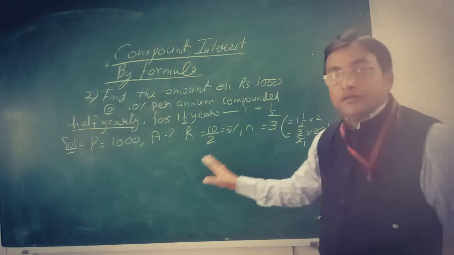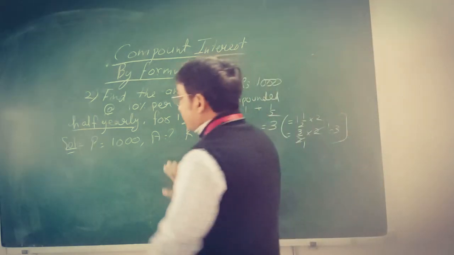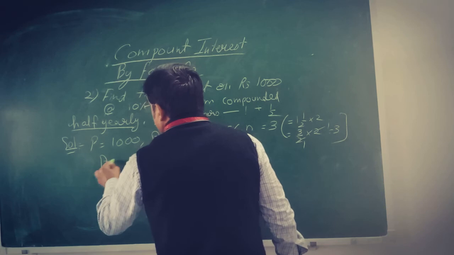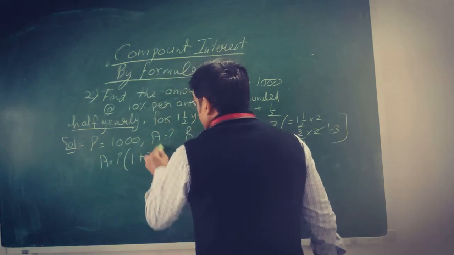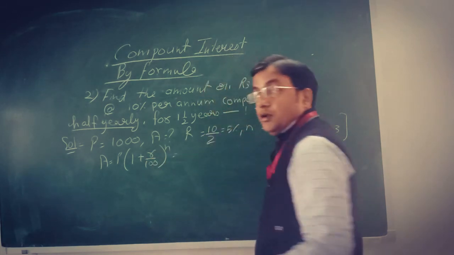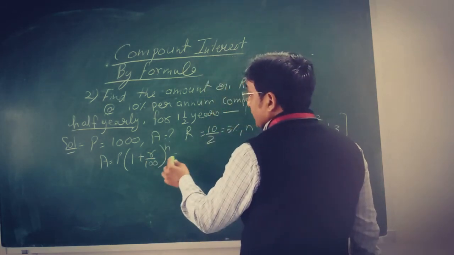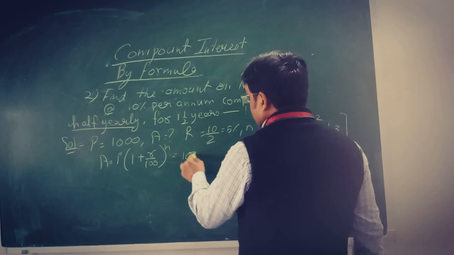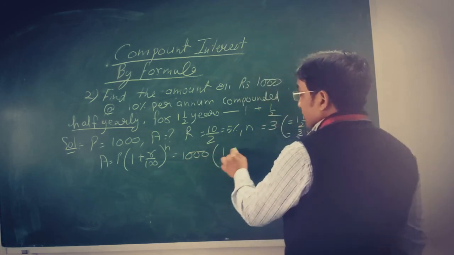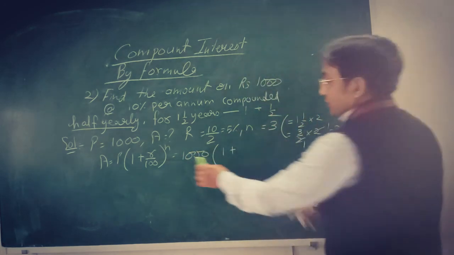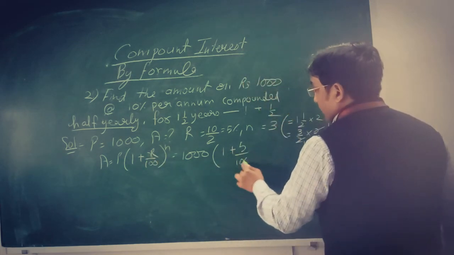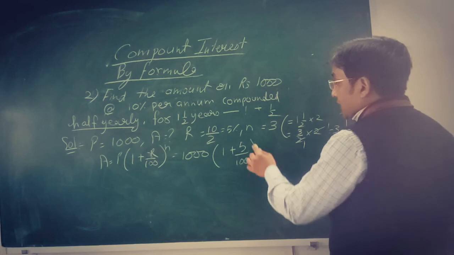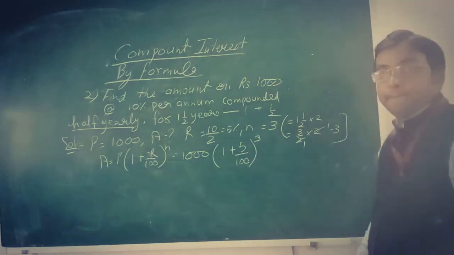Now put this thing in the formula and get the answer. Amount is equal to P into 1 plus R upon 100 raised to the power n. Now what is A here? What is P here? P is 1000 here. And R is 5%, capital R here. 5 upon 100. And n will be 3.